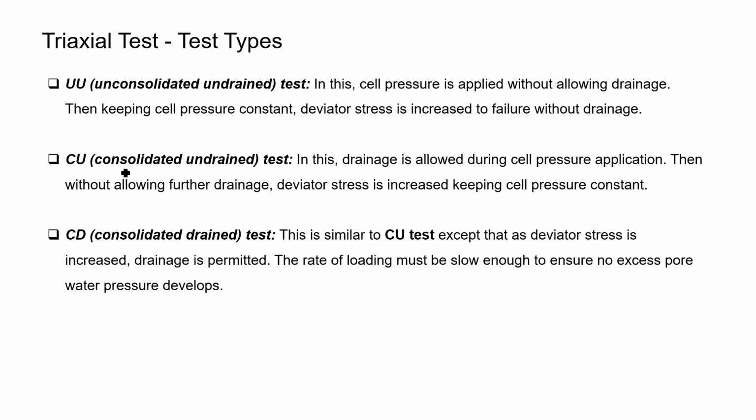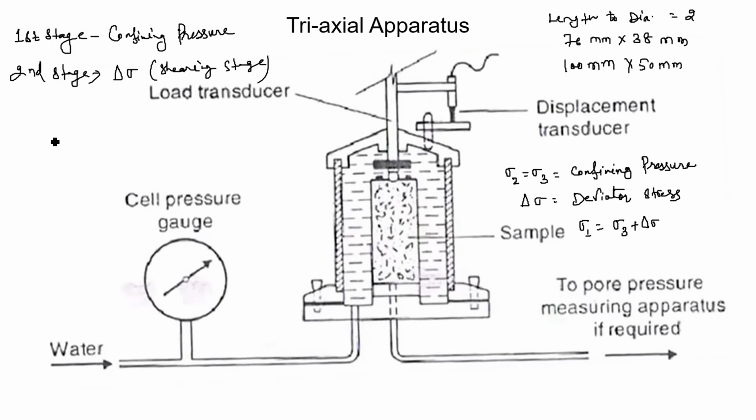The second one is the Consolidated Undrained test, also called the CU test. In the CU test, in the first stage confining pressure is given to the soil sample, and due to that confining pressure a pore water pressure is generated in the soil sample, and a drainage path is attached with this soil sample.